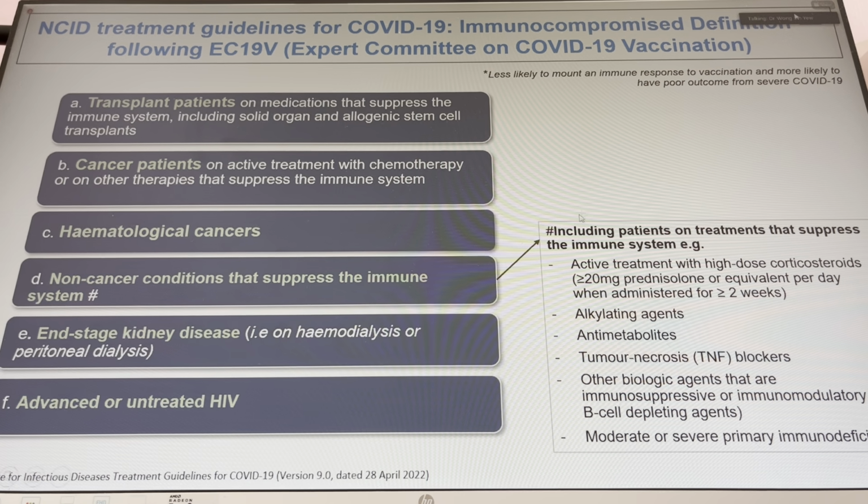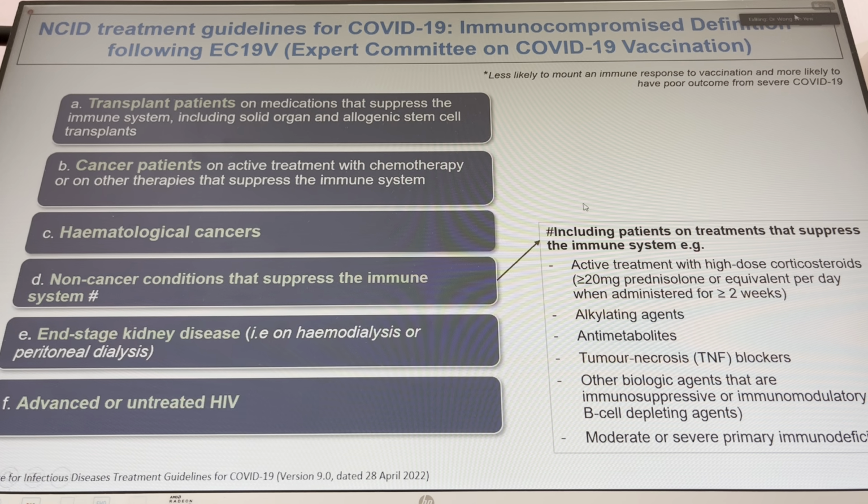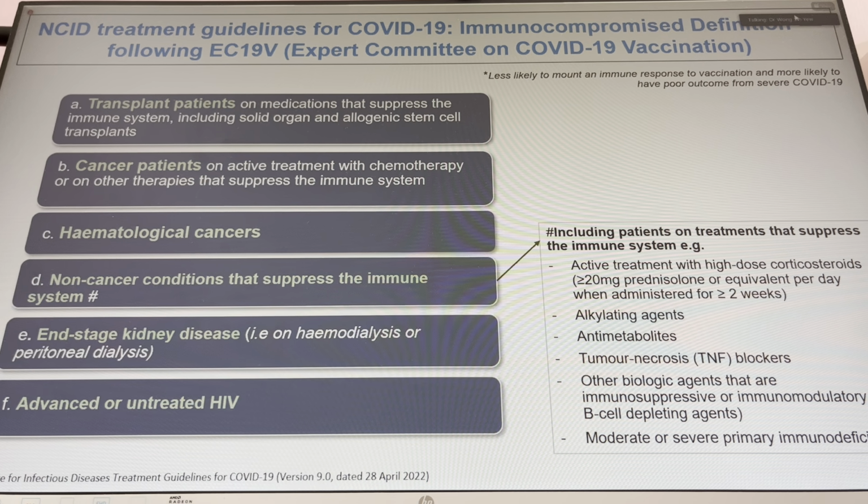And so again, if you look at the immunocompromised definition, transplant patients are included, as well as those who have cancer, hematological cancer, and end-stage kidney disease on hemodialysis or peritoneal dialysis.